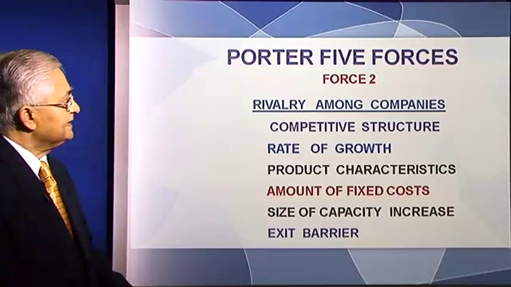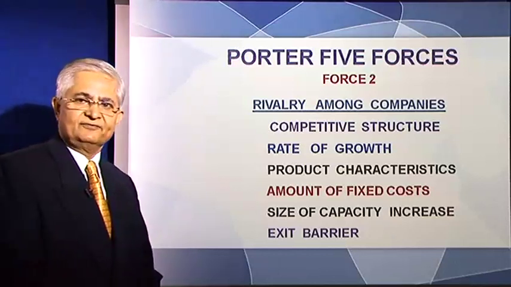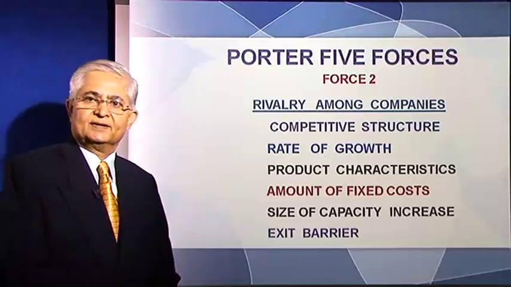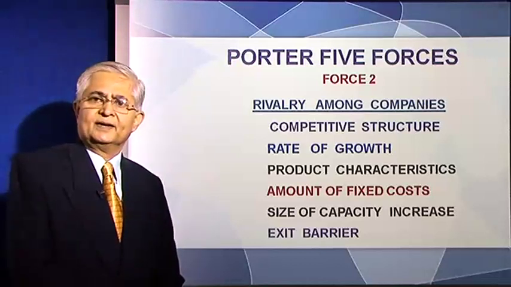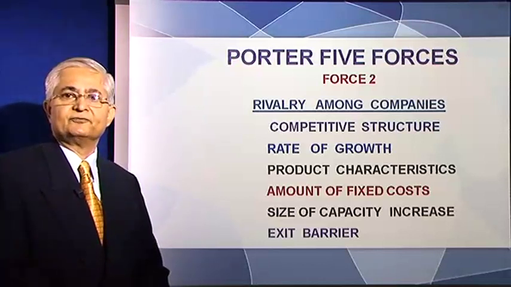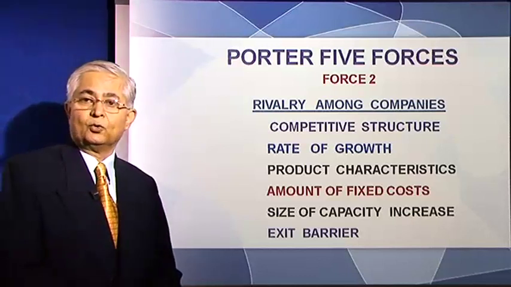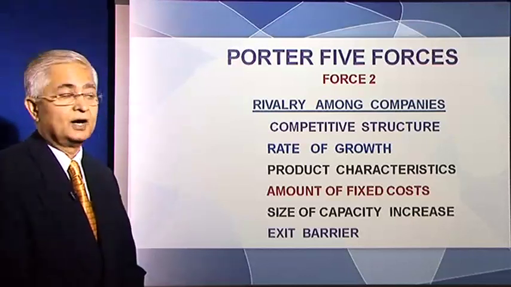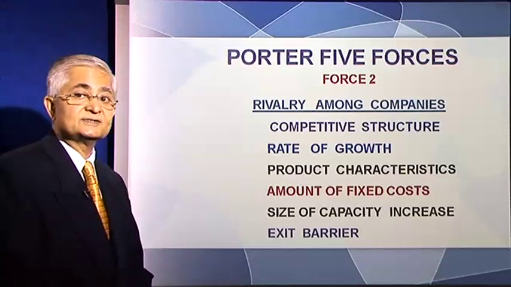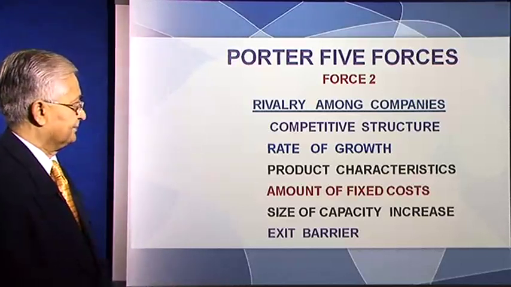What is it that leads to rivalry among companies? There are several factors like competitive structure, which means really if you have some large companies, some small companies, many large companies, or a few large companies, all that makes a difference to how attractive the industry is, because it makes an impact on the rivalry within the industry.